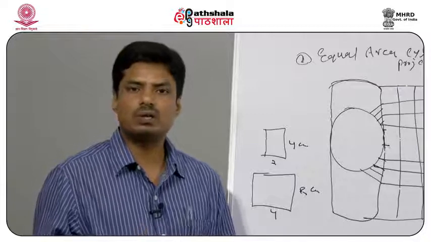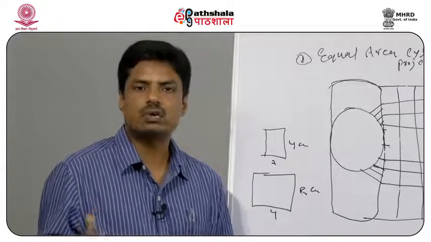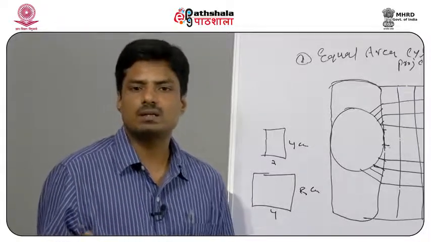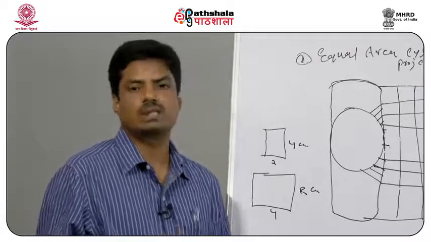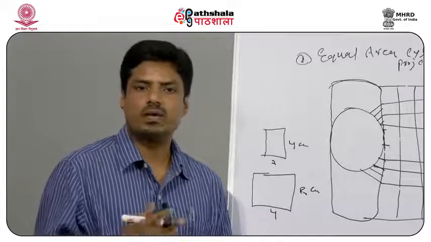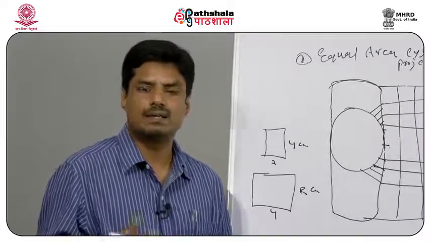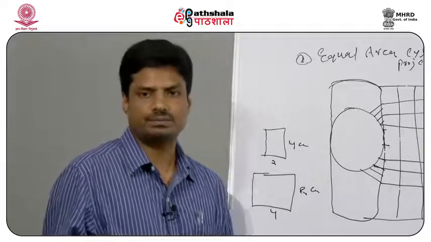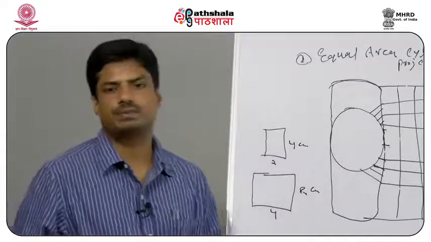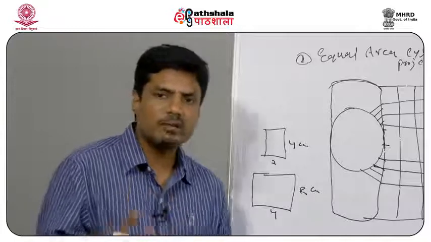Mercator also follows equal grids of latitudes and longitudes, but the important point we need to remember in Mercator's projection is that it is very true to shape and direction. After Mercator's projection, we got several improvements.